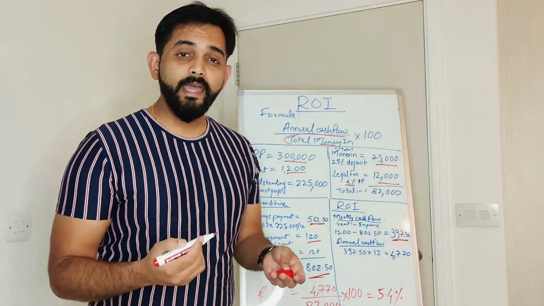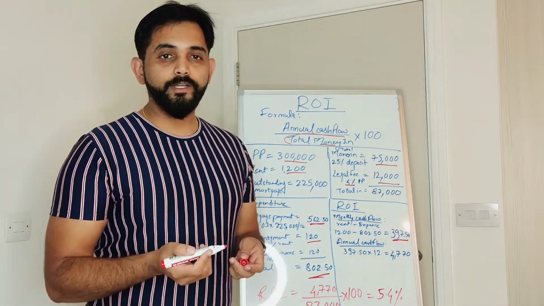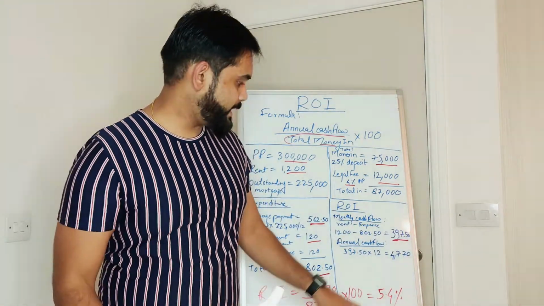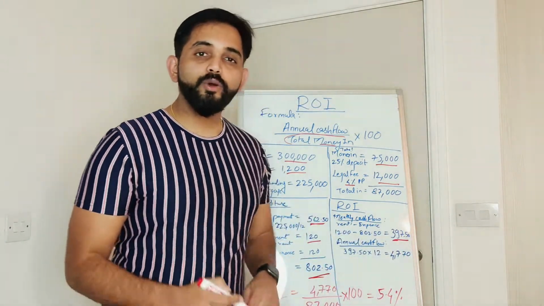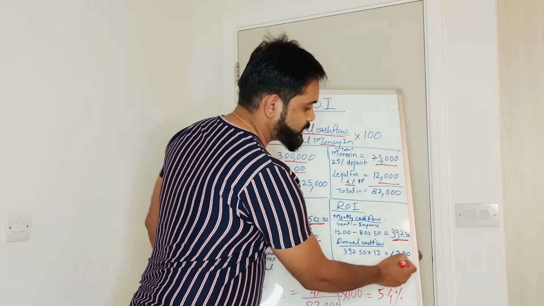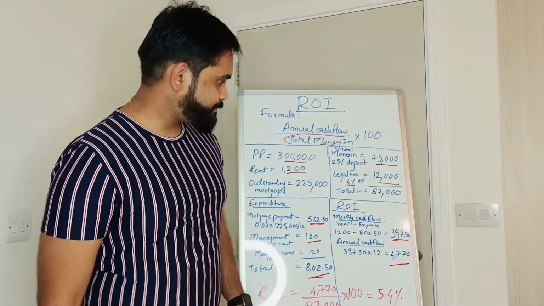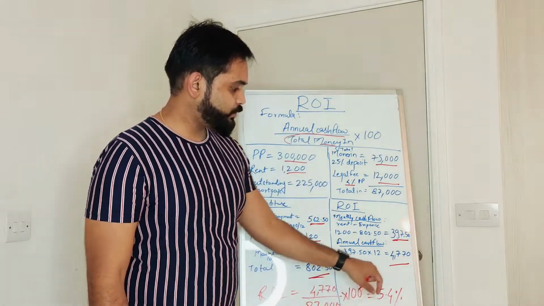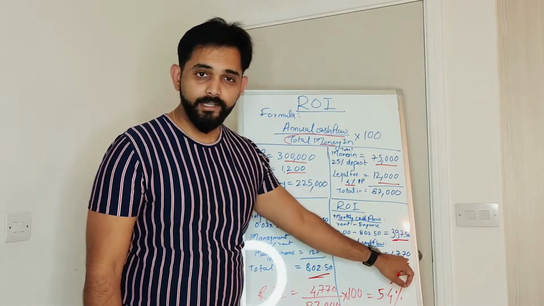Now we need an annual figure of that profit. So the profit amount 397.50 times 12 will give you the annual net cash flow, which is 4770.